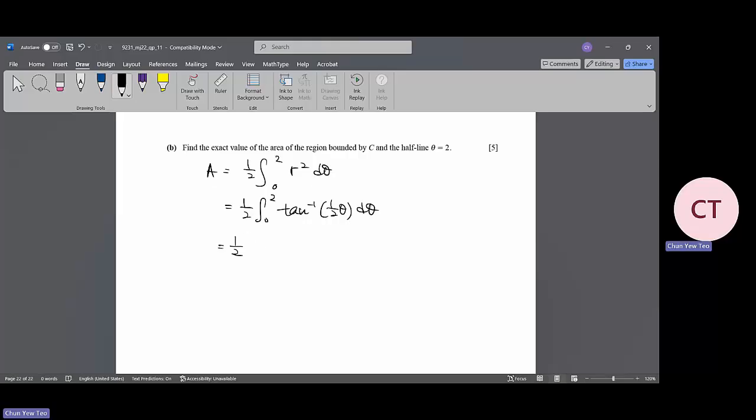So integration by parts. So you get this one as theta arctangent of half theta minus the integrate theta multiplied by half over 1 plus half theta square d theta, 0 to 2.